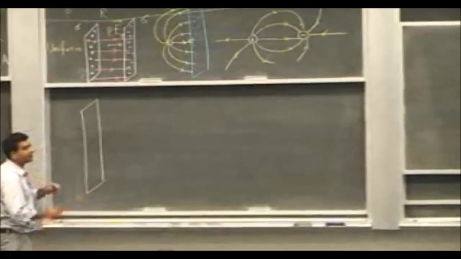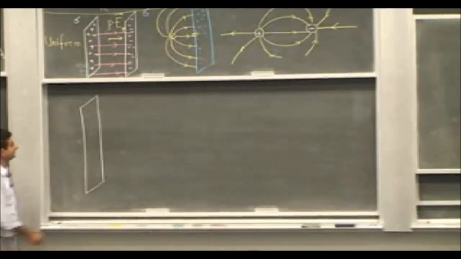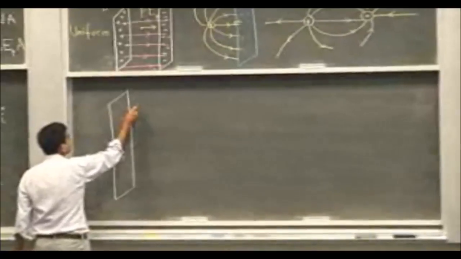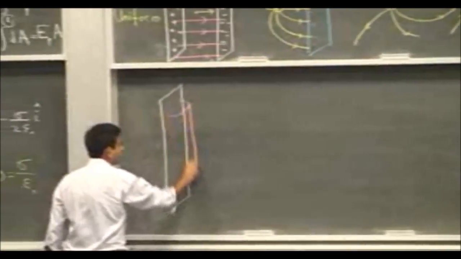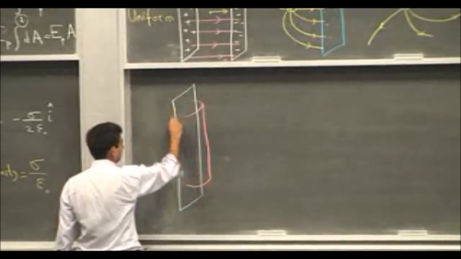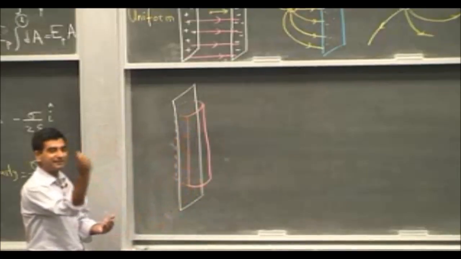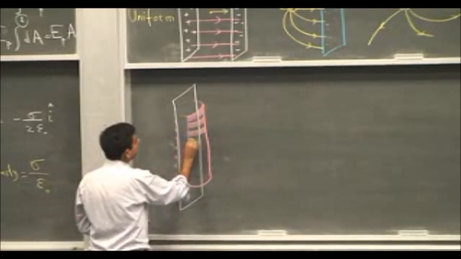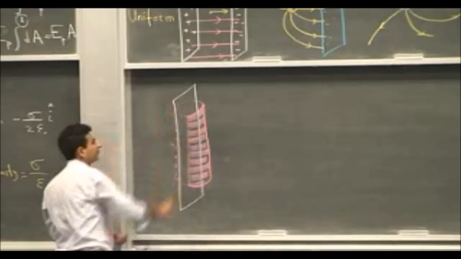What if I were to take a Gaussian cylinder that is vertical? So it's a Gaussian cylinder that is vertical and it pierces this sheet of charge.